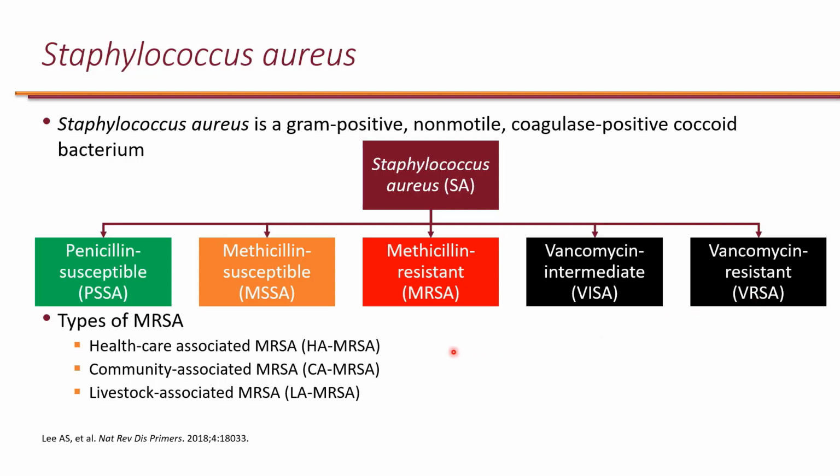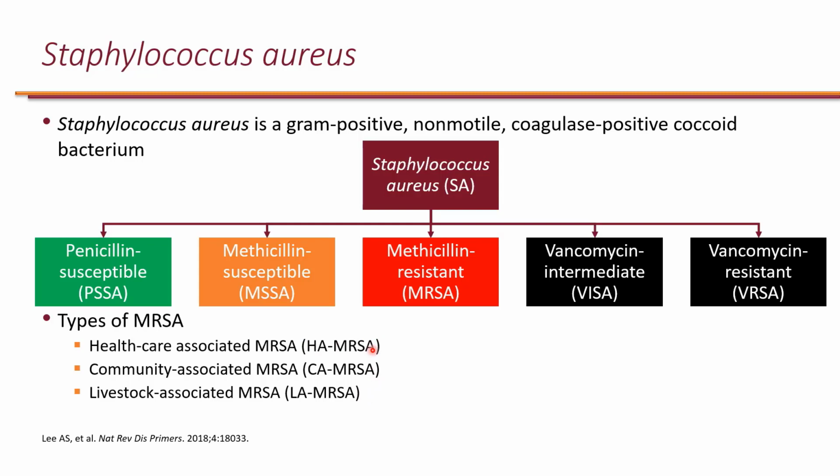Now, MRSA is clinically important, and in general, there are different types of it. So we have healthcare associated MRSA, and then we have community associated MRSA. Now there's also livestock associated MRSA based on the antibiotics that are used in animals and in food production.